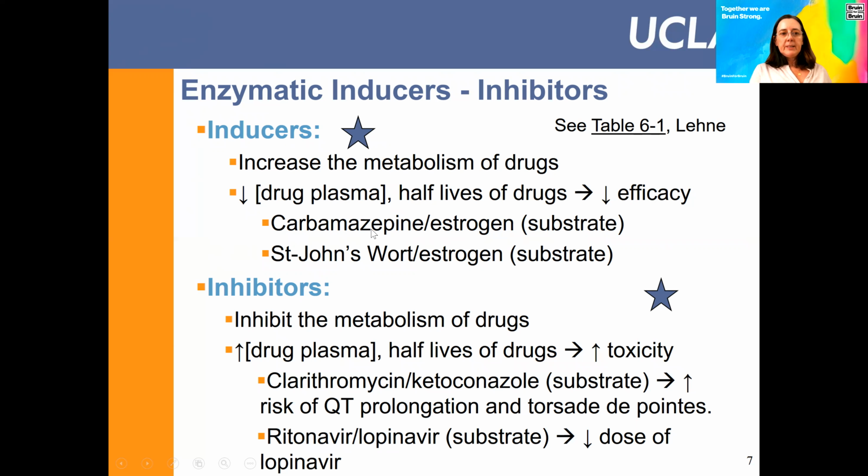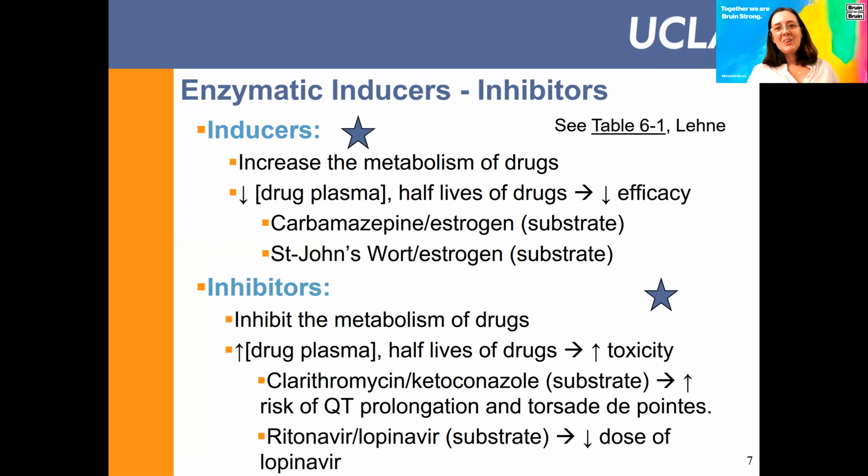Carbamazepine is an anti-epileptic drug, and estrogen can be used as an oral contraceptive. So if carbamazepine is given to a woman who is taking an oral contraceptive, they have to be careful because carbamazepine is going to activate the Pac-Man that is going to eat up the estrogen faster, which means the estrogen level is going to be lower than what you expect.